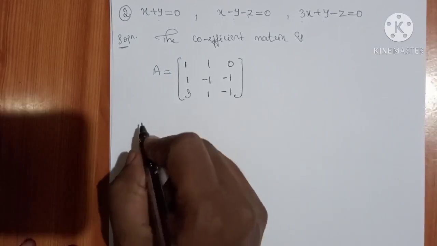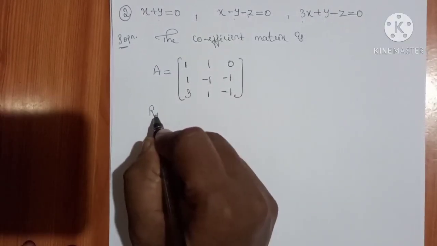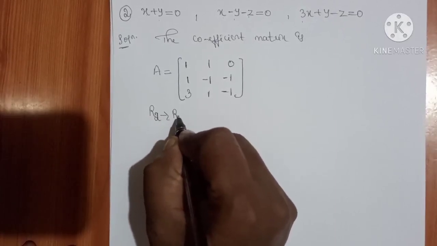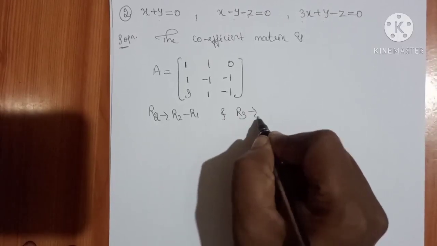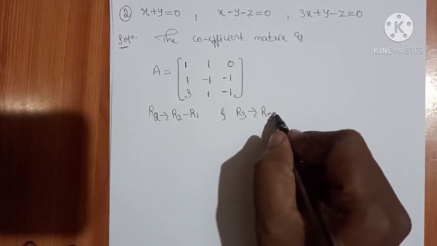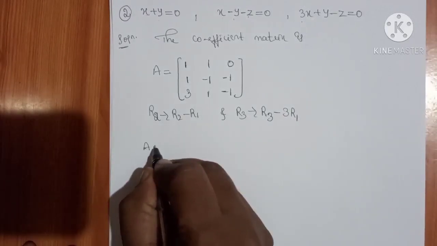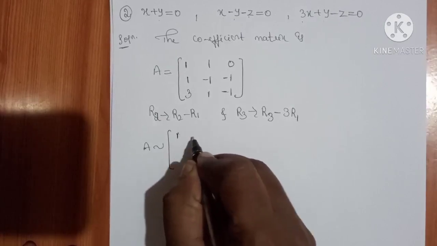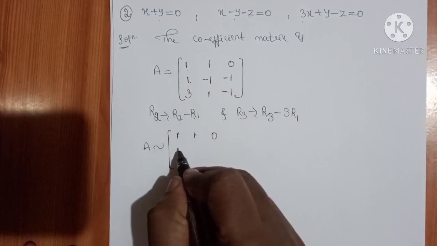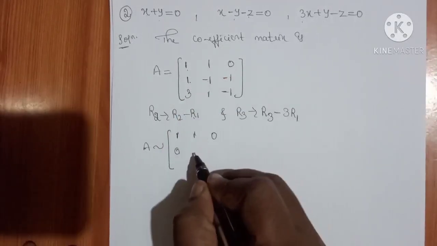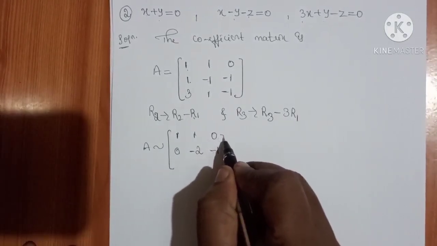Next, first we reduce it into echelon form. For that we use the operations R2 equals to R2 minus R1 and R3 equals to R3 minus 3 into R1. Therefore A is equivalent to 1 1 0, R2 minus R1: 1 minus 1 equals to 0, minus 1 equals to minus 2, minus 1 minus 0 we get minus 1.